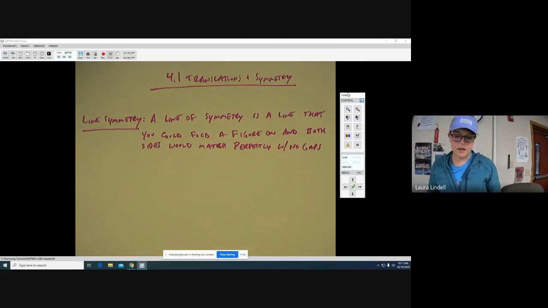All right, so that's what a line of symmetry is. And different shapes have different numbers of lines of symmetry, and some shapes have no lines of symmetry at all. So we'll go over some examples.